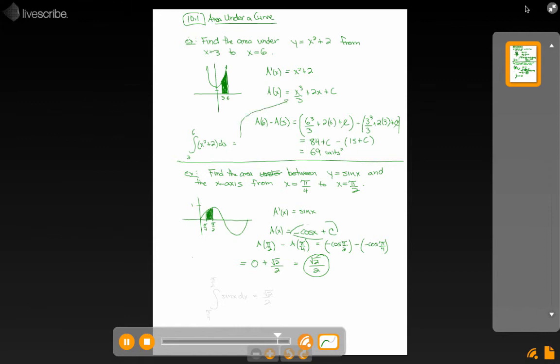So here I could have written this question quite a bit shorter by saying from pi over 4 to pi over 2 sine x dx equals, and you would do the exact same work that we just did here. Find the antiderivative, substitute in pi over 2, pi over 4, subtract, and find yourself your area, and you get root 2 over 2 as your answer.